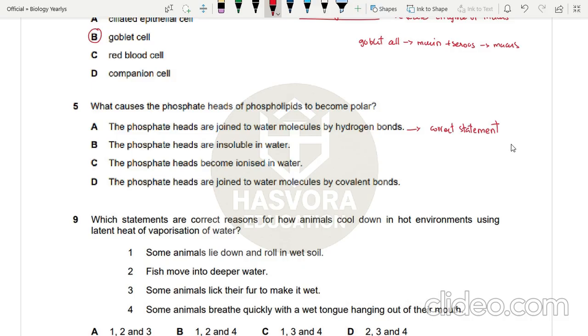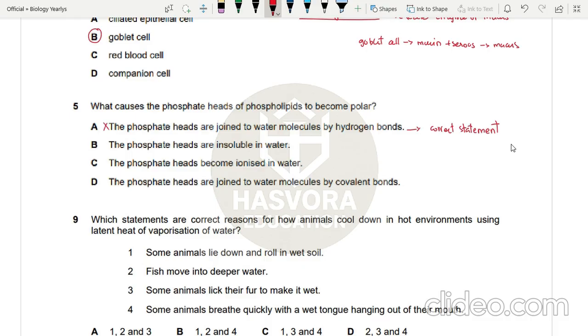Hydrogen bonding does not cause a molecule to become polar. It will increase its strength, and it will also increase the heat required to break its bonds, but it does not cause the molecule to become polar. So this will be an incorrect statement.